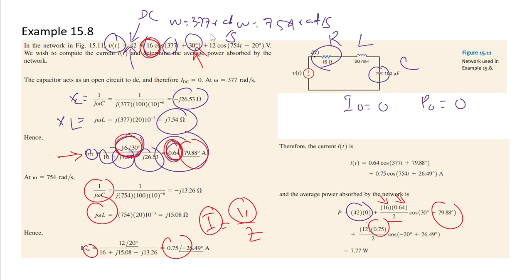That voltage is 12, so multiply by 12 divided by 2, and the angle of voltage is 20, and the angle of current is minus 26. So both are added, and then the cos terms are solved using a calculator and added up to get the total power. So for this specific signal we got this much power.